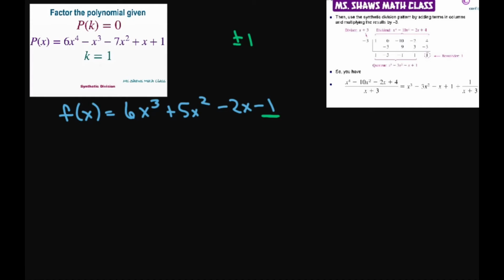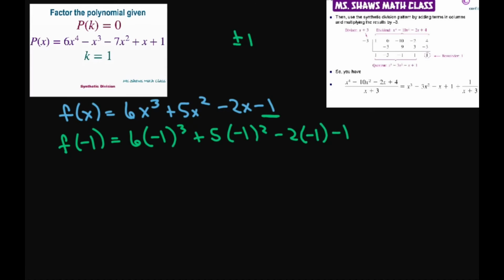And if I check f of negative 1 and substitute that in here for x, 5 times negative 1 squared minus 2 times negative 1 minus 1. Now, if I get a 0, that means I can make a factor out of this. So this is going to give me negative 6 plus 5 plus 2 minus 1 equals 0. So it is a factor. That means that x plus 1 is a factor.